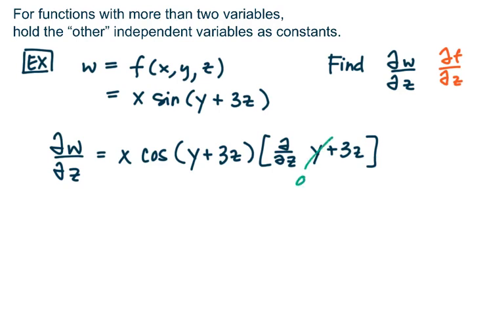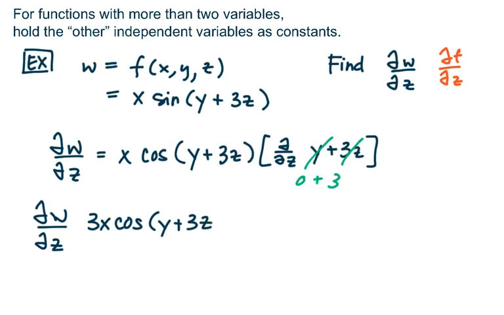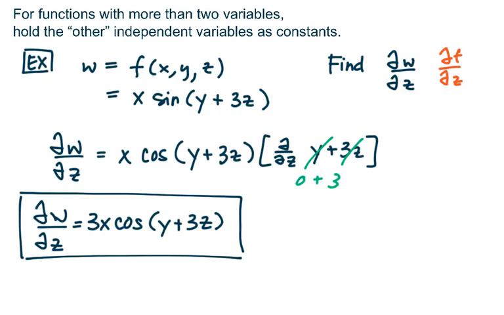So this turns into 0 plus 3, which is 3. So the partial of w with respect to z is 3x times the cosine of y plus 3z. Final answer. So I hope that helps you understand what's going on a little bit better.